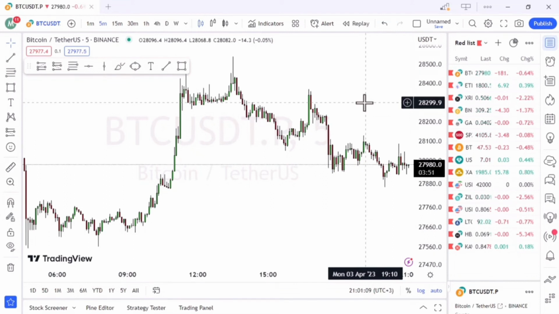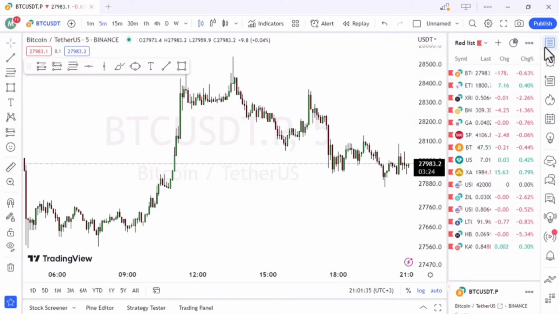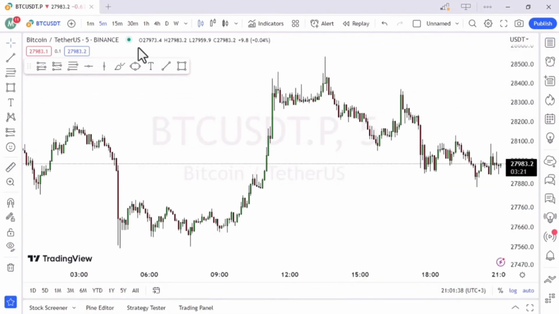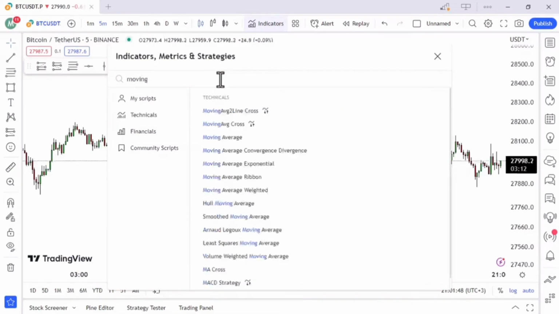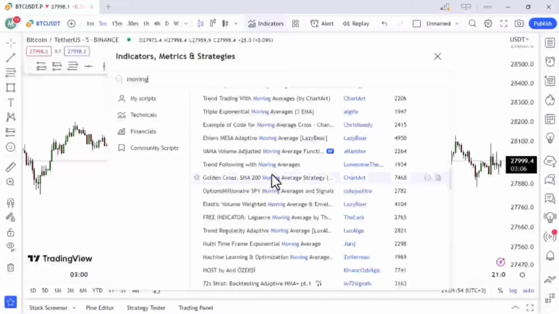Let's first find the moving averages. How can we find them? It can be done simply. This is the Bitcoin to USDT chart. So let me remove my watch list from here, and you simply move to the indicators section and write down moving, and then it's going to pop up here, this one, moving average. As you can see, there are tons of indicators, endless numbers of them, and the list goes on and on.